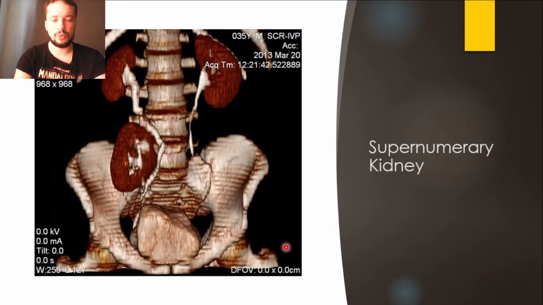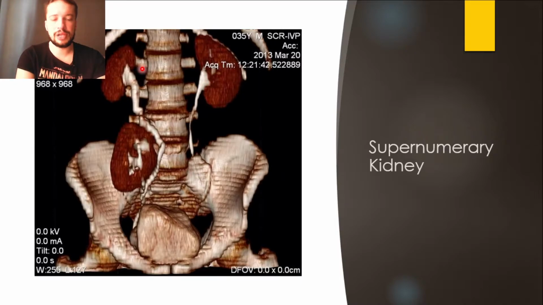There is usually one extra kidney, but cases of multiple extra kidneys have been reported. The supernumerary kidney has its own blood supply and capsule, is usually smaller, less functioning, and in some cases is associated with other pathological changes. For example, hydronephrosis or pyelonephritis.